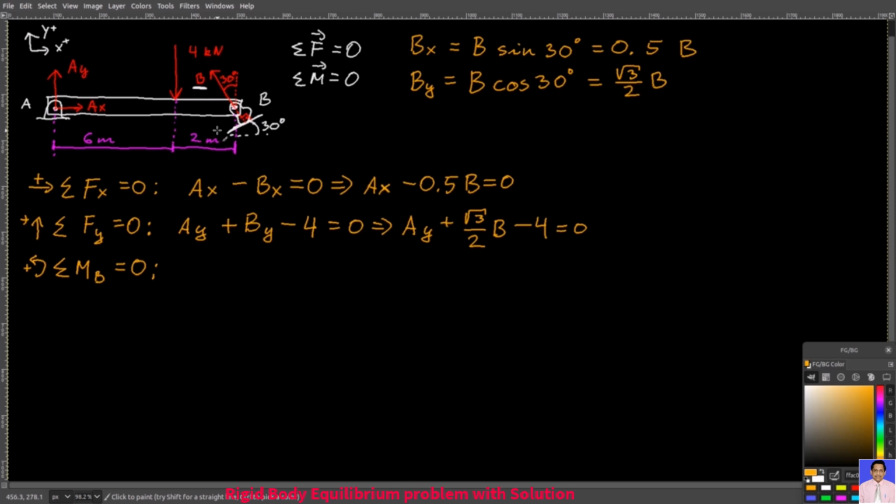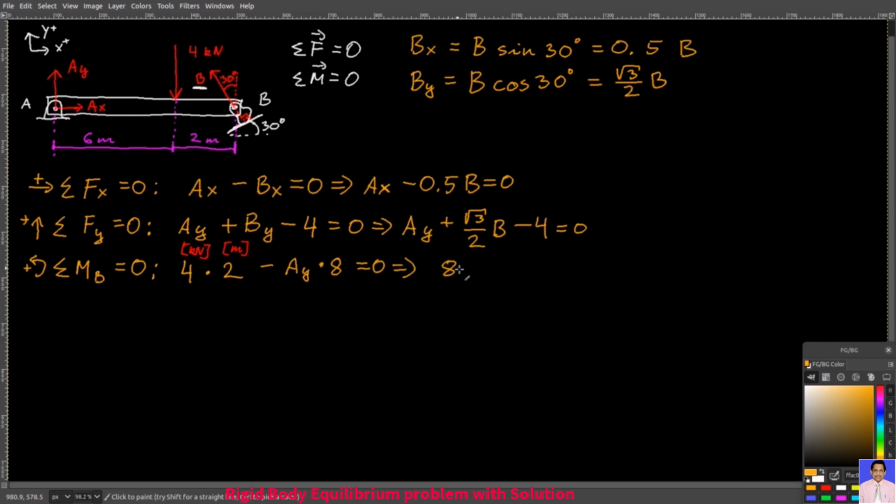So you only have to find the moments caused by forces of Ay and this 4 kilonewton downward force. So I will have 4 times 2, 4 is in kilonewtons, and 2 is in meters, because the moment arm here is 2 meters, minus Ay times 8 meters. And that must be 0 as well.